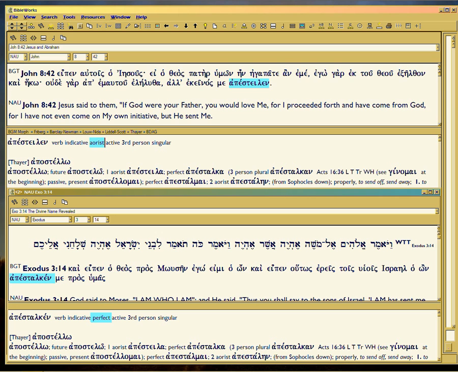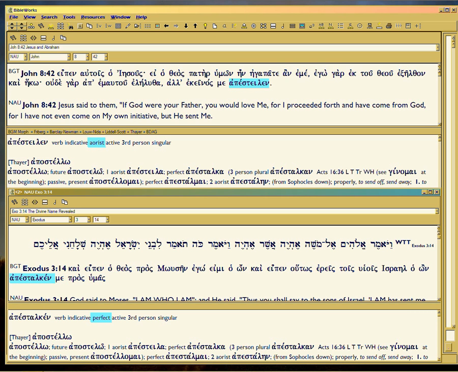Only he's changing the tense to aorist instead of perfect. Because God is timeless. So he's making yet another statement. Besides putting himself where the word God ought to be, for God, he's putting his own name there. His own self there. And then for apostellw, he's using the aorist. Now, of course, God the Father is timeless.